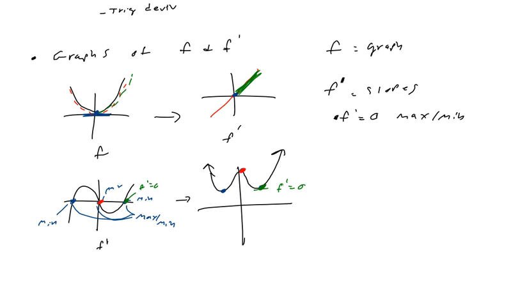And it's about increasing. I should say if F prime is positive, that means the graph is increasing. F prime is negative, that means the graph is decreasing.